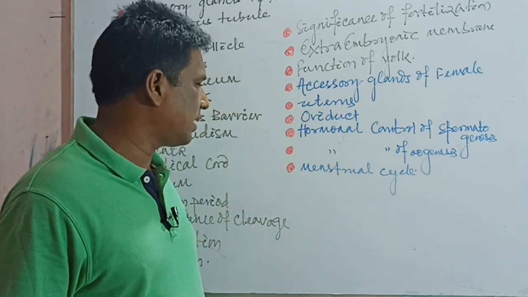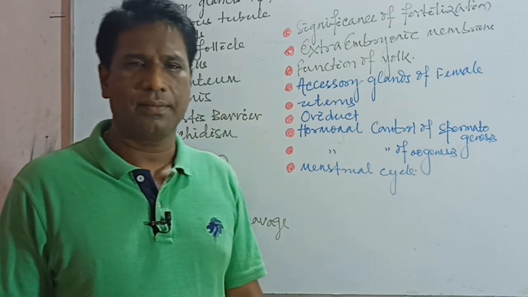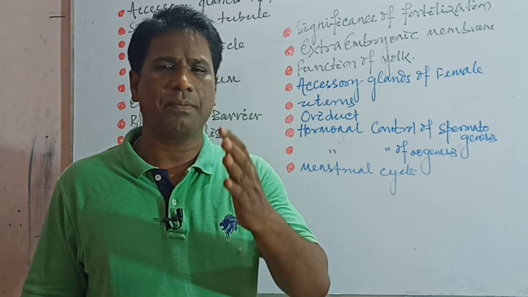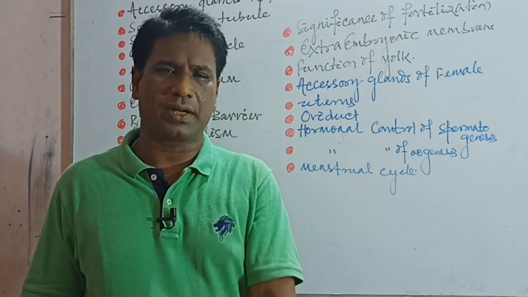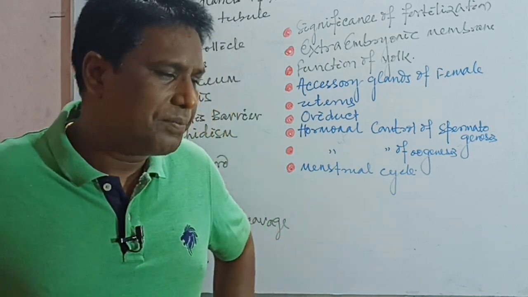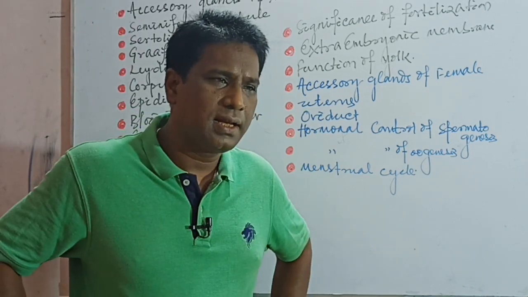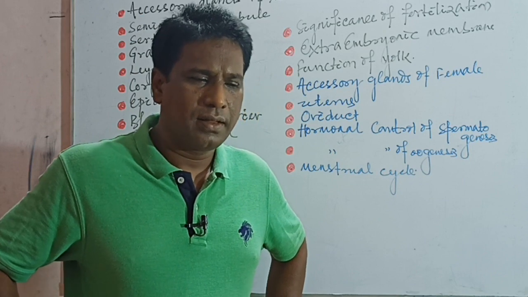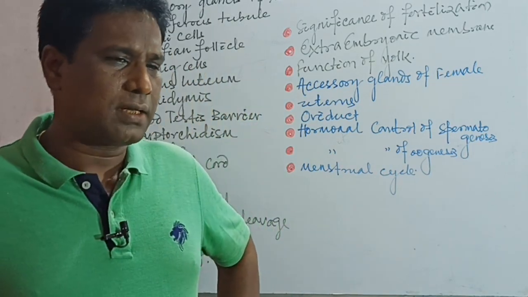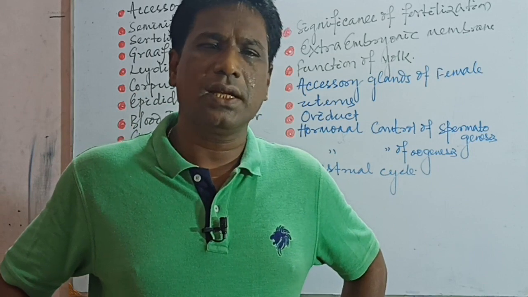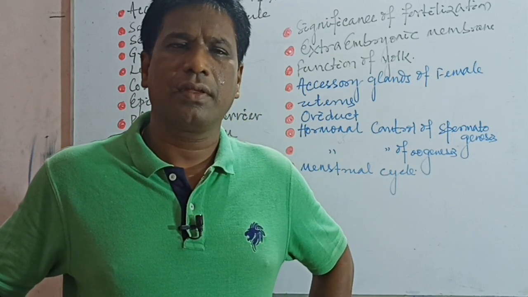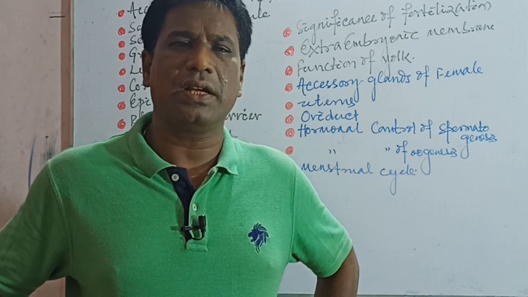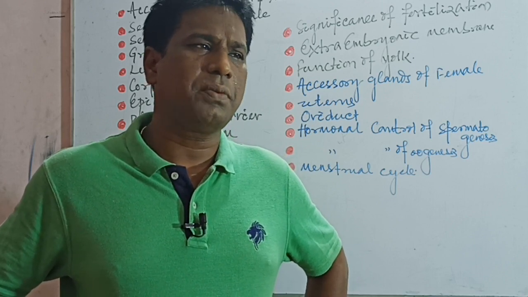And last but not least, the menstrual cycle. The reproductive cycle exhibited by a female after puberty is called the menstrual cycle. The menstrual cycle can also be defined as the periodic discharge of unfertilized egg, endometrial debris and ruptured uterine wall at an average interval of 28 days in the reproductive phase of a female.